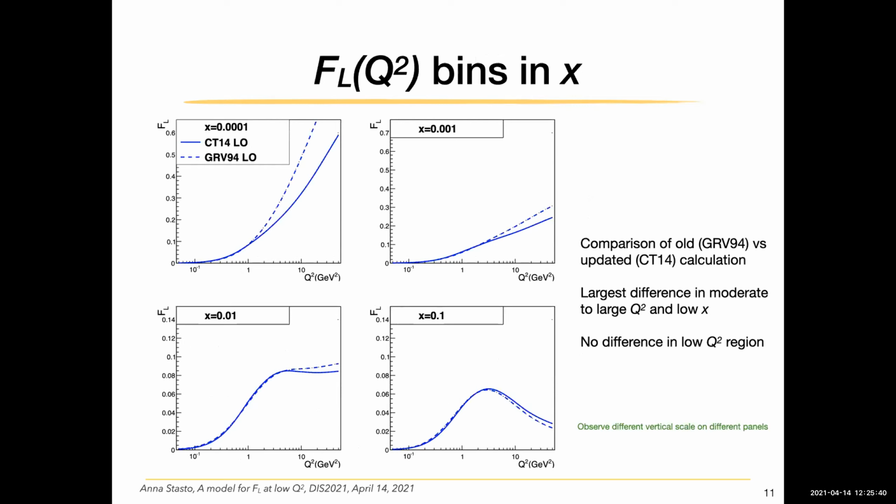So what does FL look like, and how do these different components look like, particularly in the low Q-square regions? Here you see the comparison of old calculations, the code that has been publicly available, which was actually based on GRV94, versus the updated CT14. You see the differences between the old and new, of course, in the large Q-square region, and for the smallest x, but not so much for the low Q-square region, where essentially everything is set to the soft contributions, and that was set by the data, so it doesn't really change much.